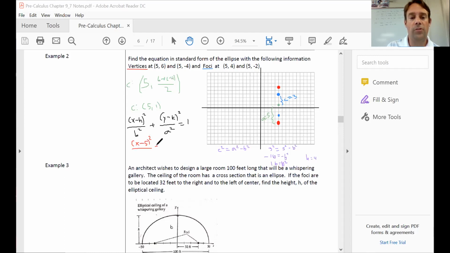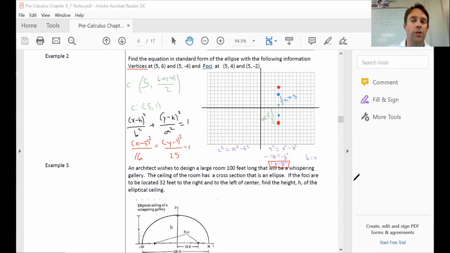And I have y minus k, and the k value is 1, so y minus 1. b squared, that was right here. So b squared is 16. If a is 5, then a squared would be 25. So there is our function.